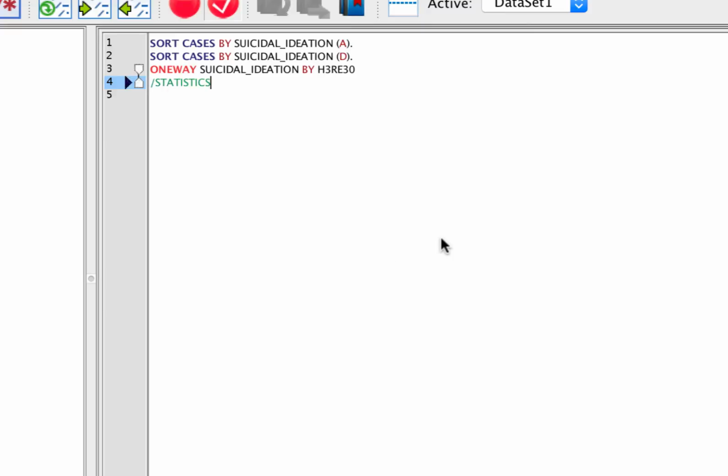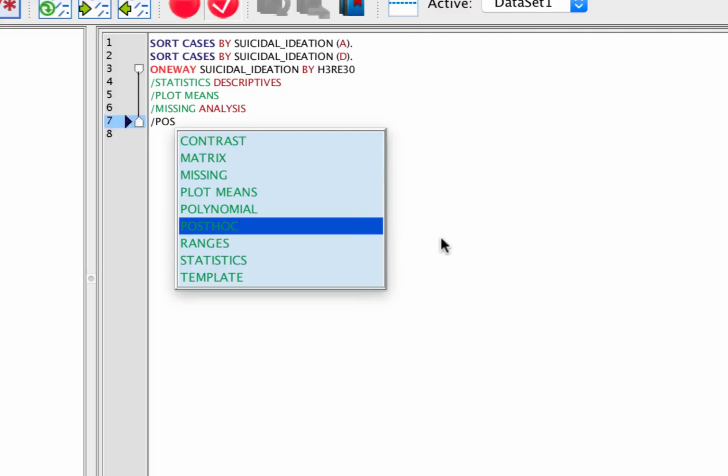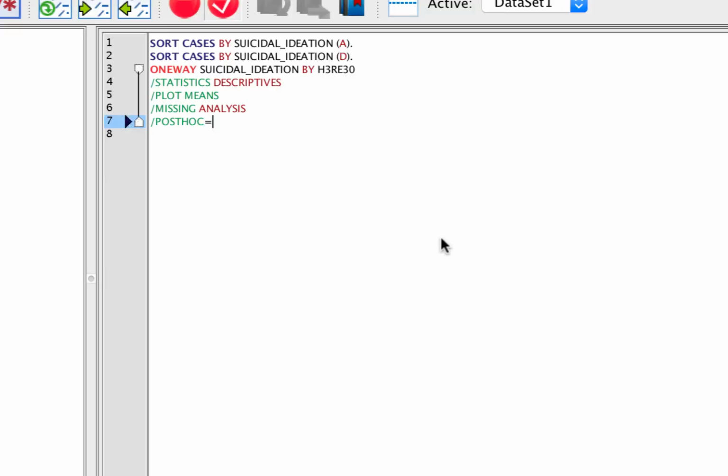Statistics, descriptives, plot, means, missing, analysis, post hoc, and that should be Tukey, alpha. Let's go see what that tells us.